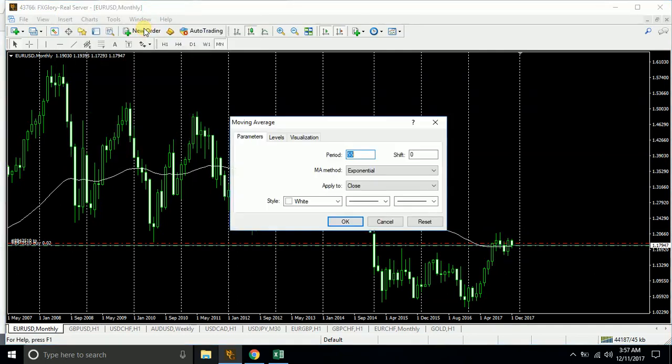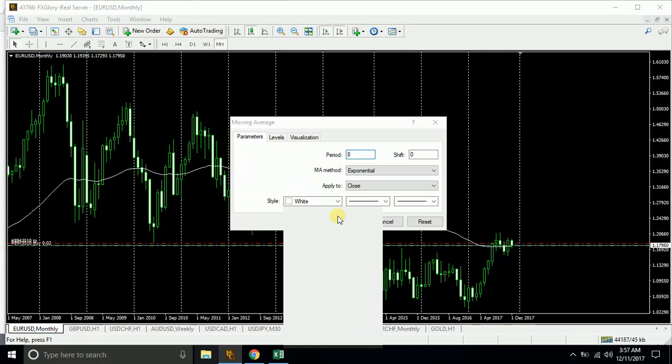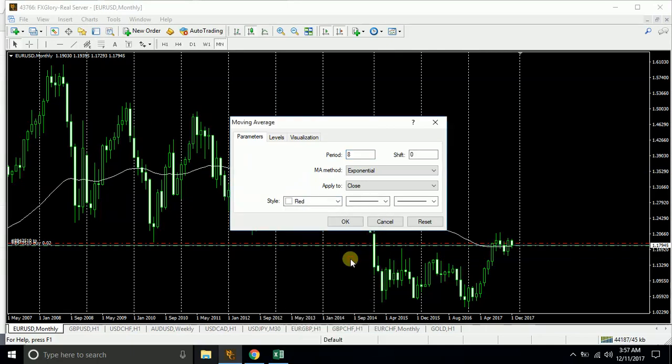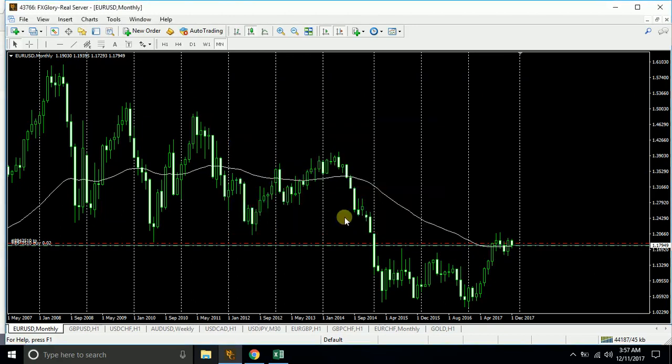Insert, indicators, moving average. We're going to change this one to 8. We're also going to change this color to red, and change the method to simple.